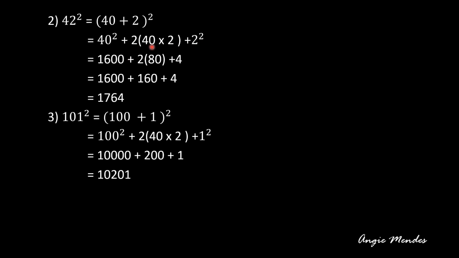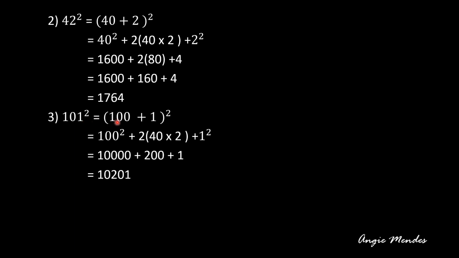Now you simplify, 40 multiplied by 2 is 80. So 40 square is 1600 plus 2 multiplied by 80 plus 2 square is 4. Now add all the numbers and you will get 1764.